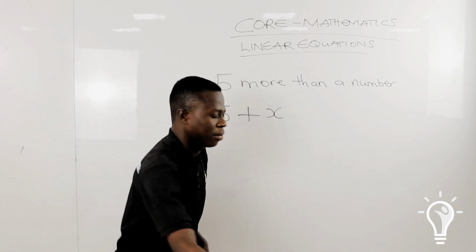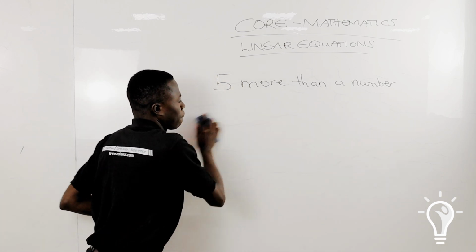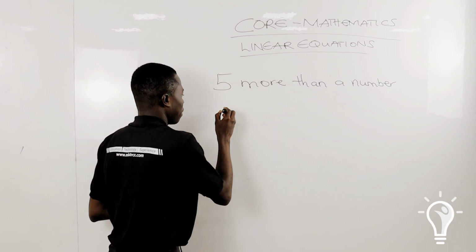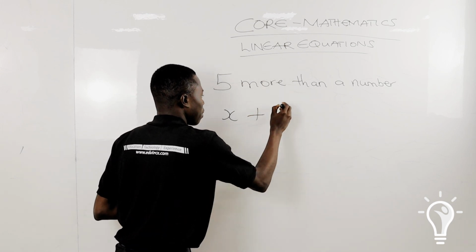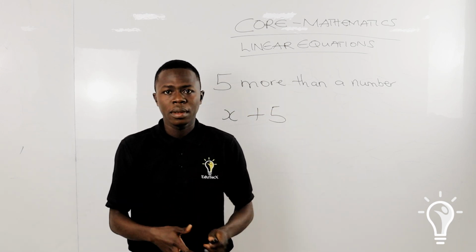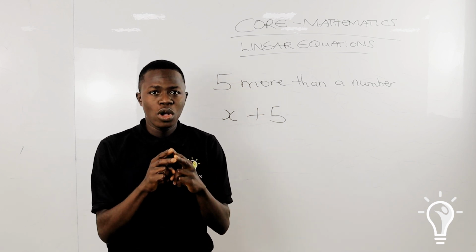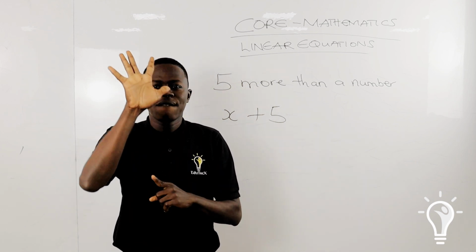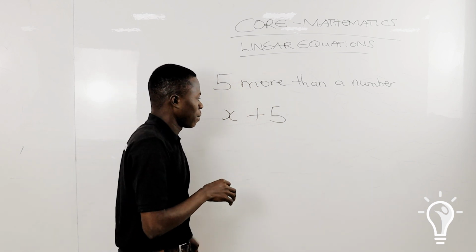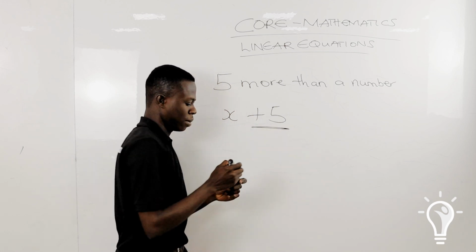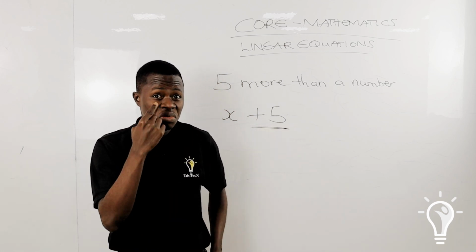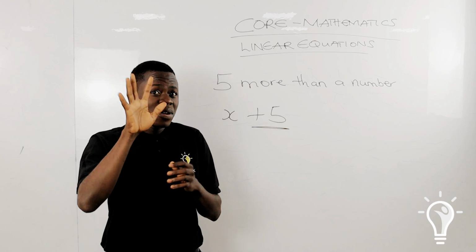But the question itself says 5 more than a number. So that's what we are supposed to express. So we are going to have x plus 5, and that's going to be perfect with the question on the board. So x plus 5 means that 5 is more than x, which is the number we are talking about.